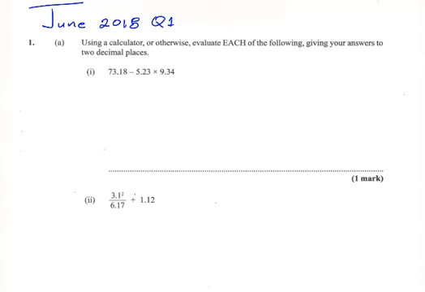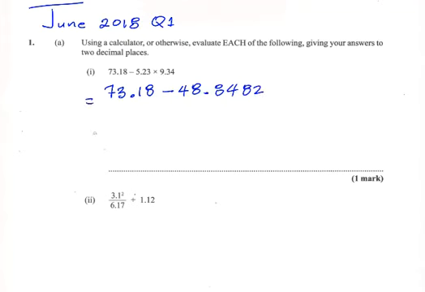So then I'm going to write back the 73.18 minus, then it's 5.23 times 9.34, and that is 48.8482.